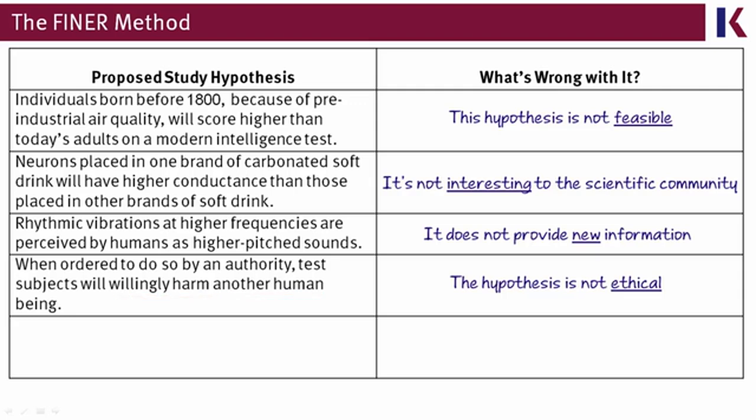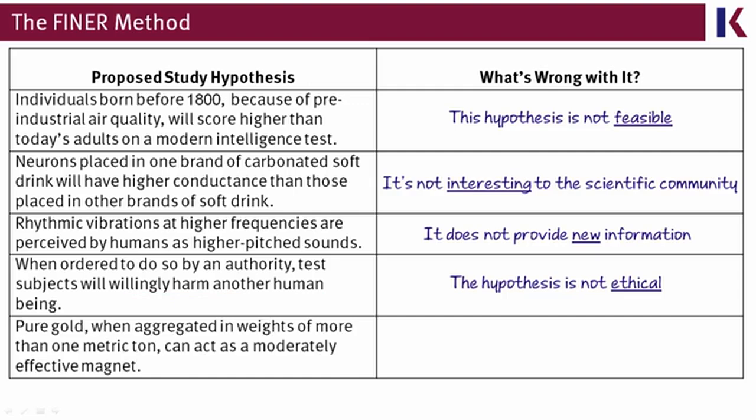That brings us to our last hypothesis with something wrong. This hypothesis is that pure gold, when you have 1 metric ton of pure gold, it becomes a magnet. Somebody wants the answer to this question, but why isn't it a great hypothesis to test?